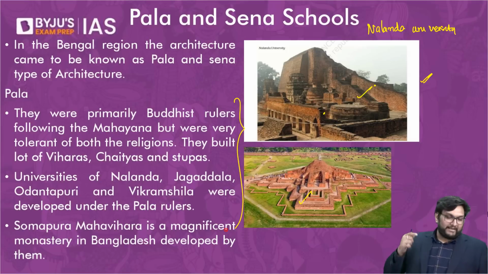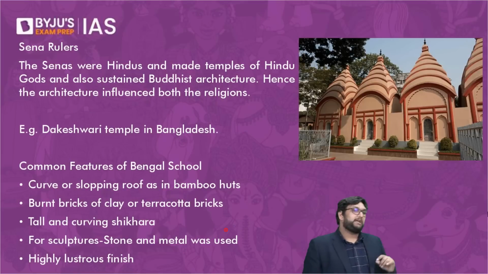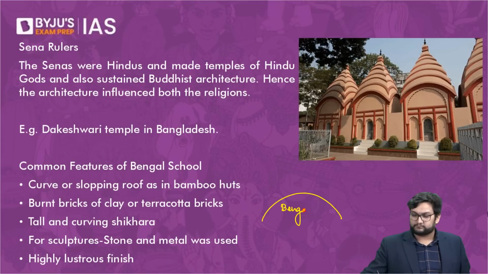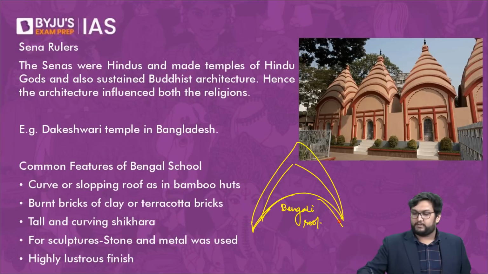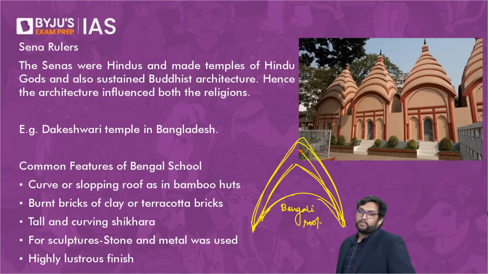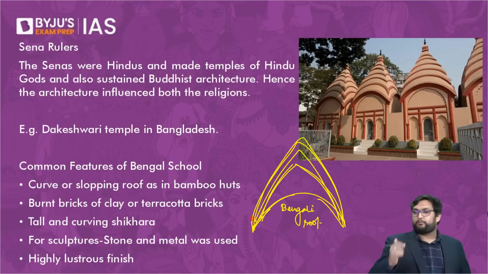And a very distinct style which was picked up by the successors of the Palas, the Senas, is this. This is called the Bengali roof. The Bengali roof is basically the concept of how a sloping roof is taken.